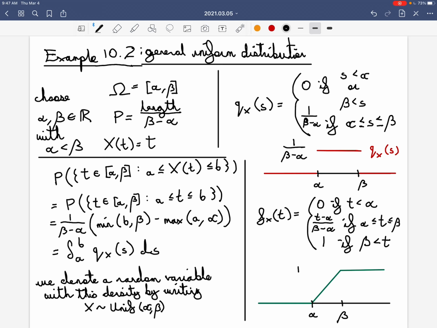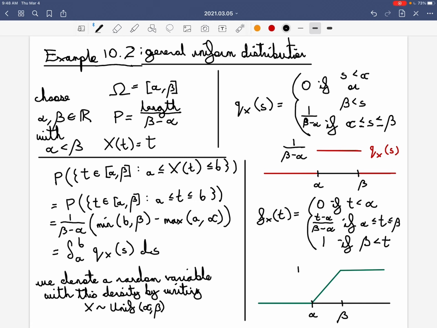And we're going to say that the interval is non-trivial, so alpha is less than beta, and the probability we're going to deal with is the length divided by the length of the total interval. So instead of throwing a dart at a line segment of length 1, we're throwing a dart at a line segment of length beta minus alpha.